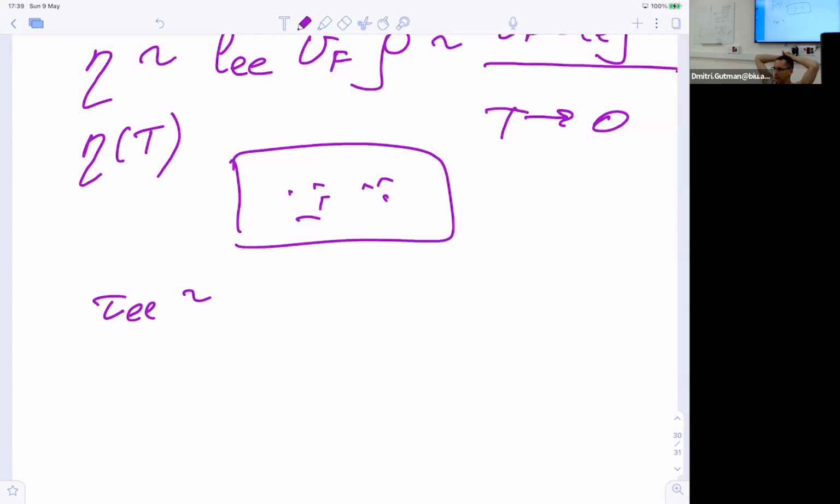Or infinity. So which one? Infinity, I think. So how does it scale with temperature? A hint, we discussed it last time. I don't remember.